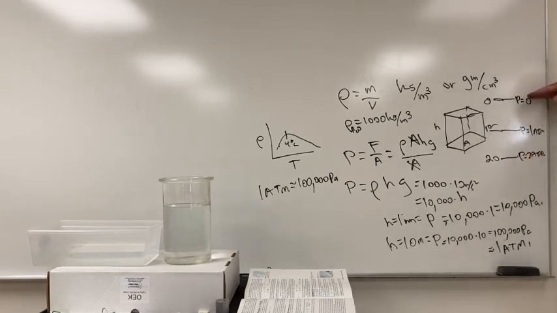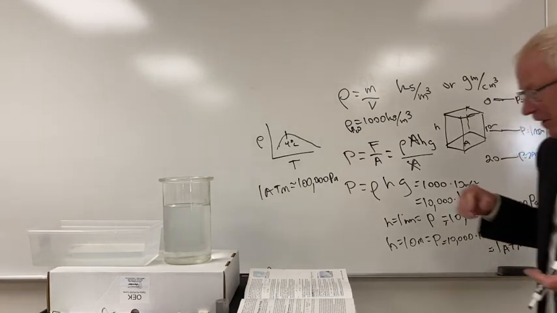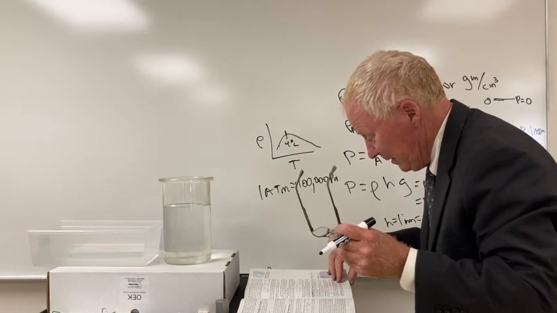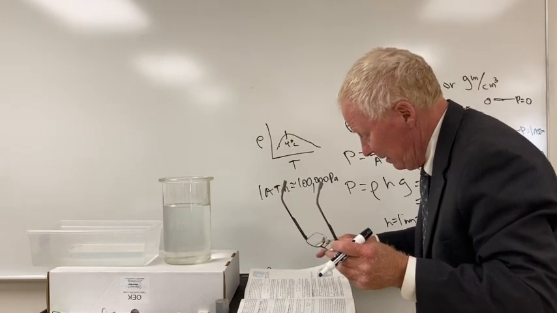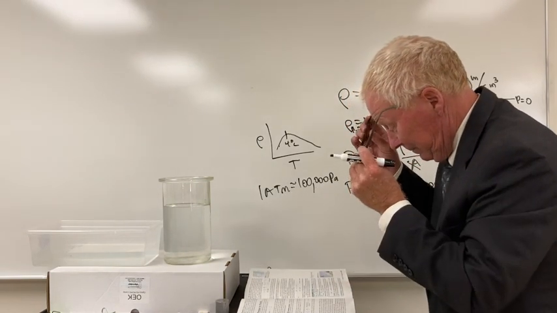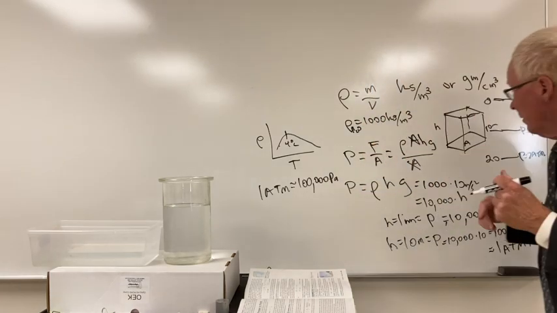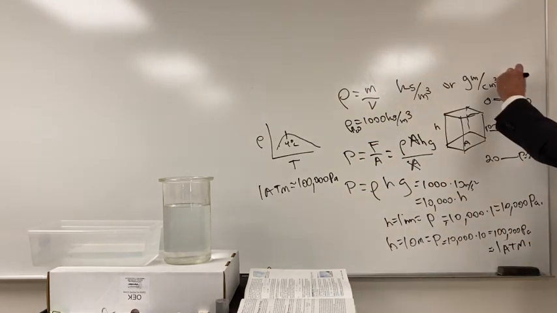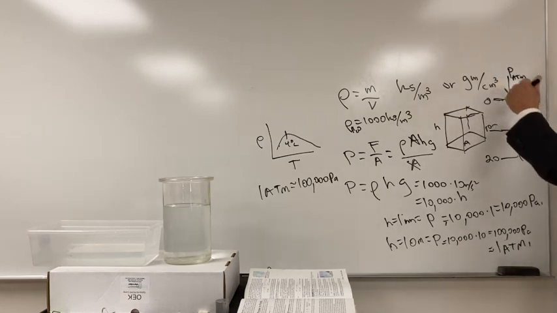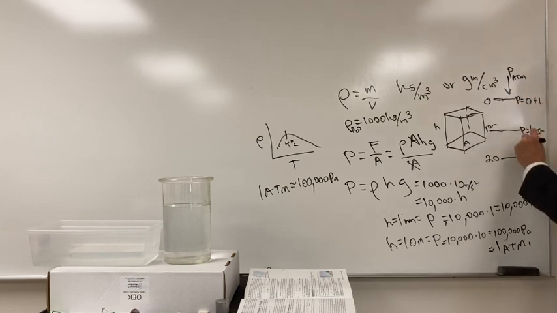So relative to the surface, as far as just the water, every 10 meters gives you 1 atmosphere of pressure. And so if we add the atmosphere pressure, P of atmosphere, then the pressure will be this plus 1, this plus 2, this plus 3.